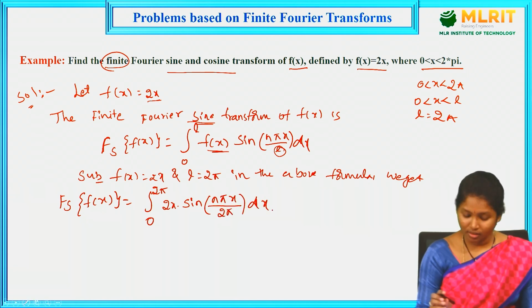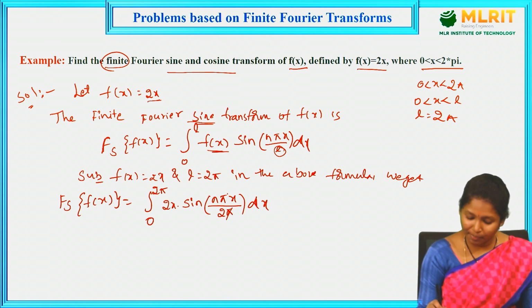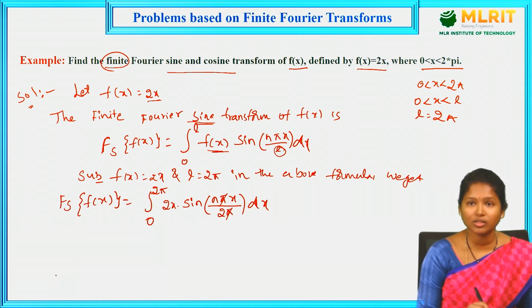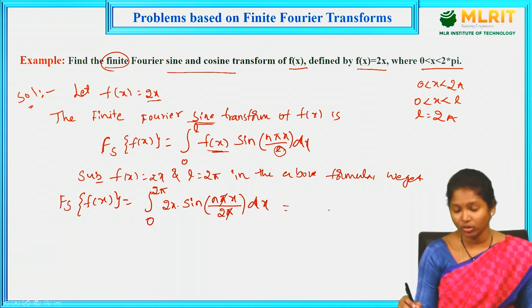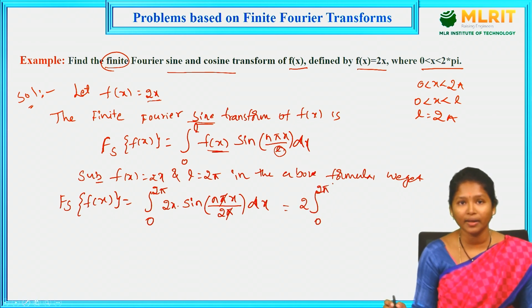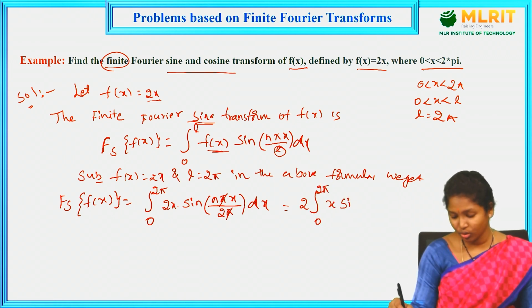So pi will be cancelled out. 2 is constant, so we will take it out. We get 2 into integral 0 to 2 pi x into sine nx by 2 dx.